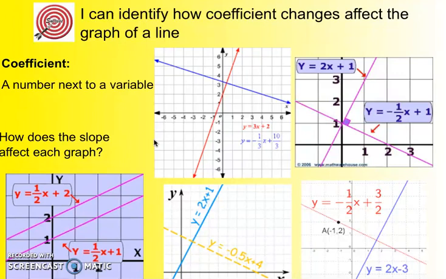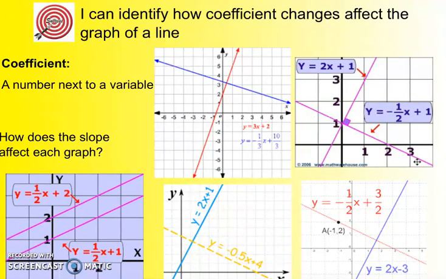When I look at this, I notice that if it is a positive slope, the line is rising from left to right. If it is a negative slope, it's the opposite. It is falling from left to right.